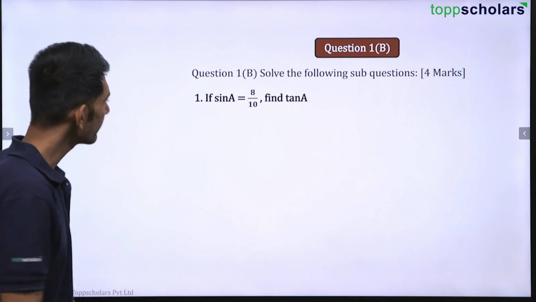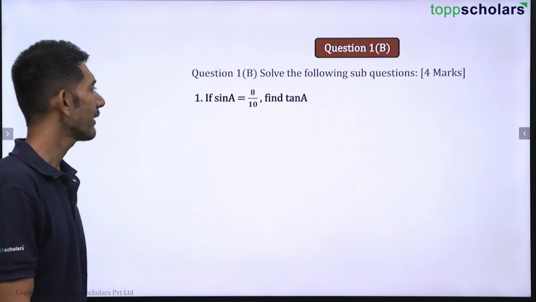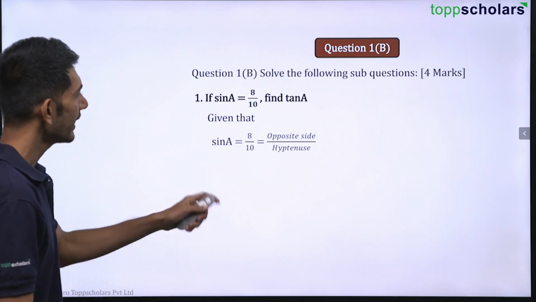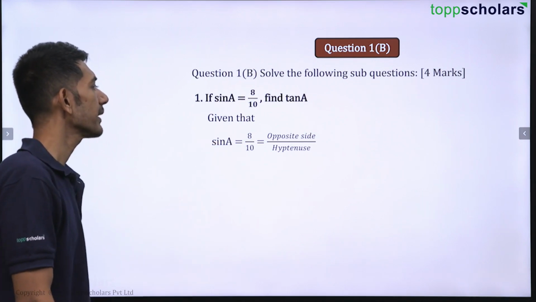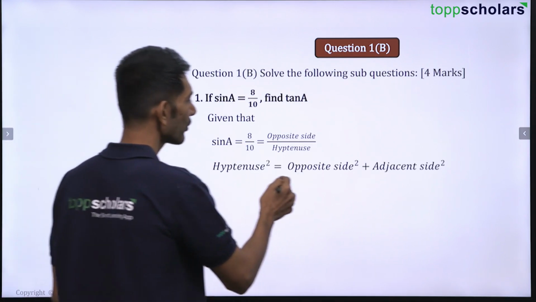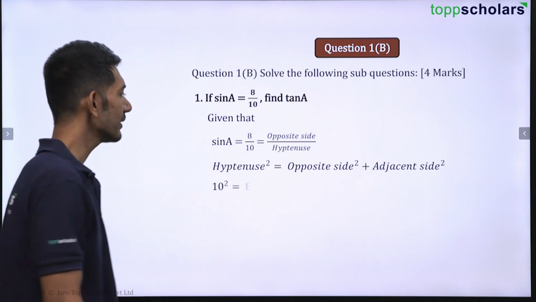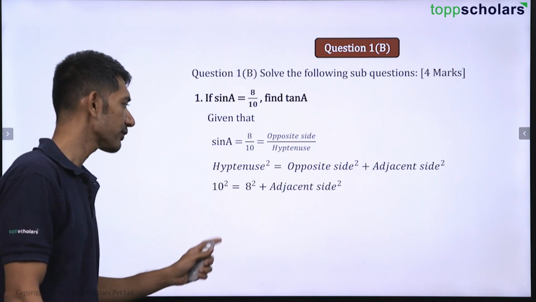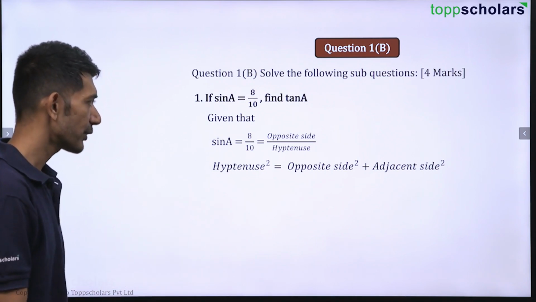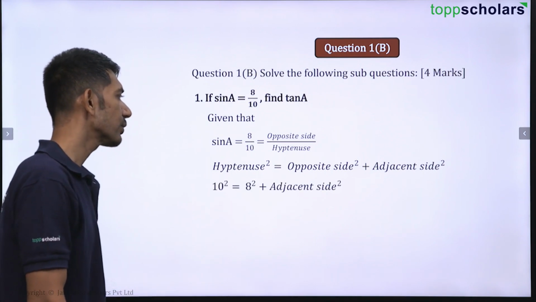So here it says if sin A is equal to 8 by 10, find tan A. It is already given that sin A is 8 by 10, and 8 by 10 is nothing but opposite by hypotenuse, right? And then we know that hypotenuse square is equal to opposite square plus adjacent square. So hypotenuse is 10. That is 10 square is equal to 8 square plus adjacent square.